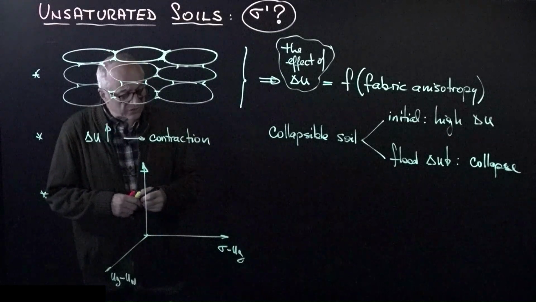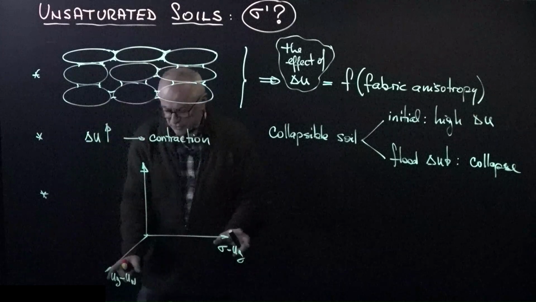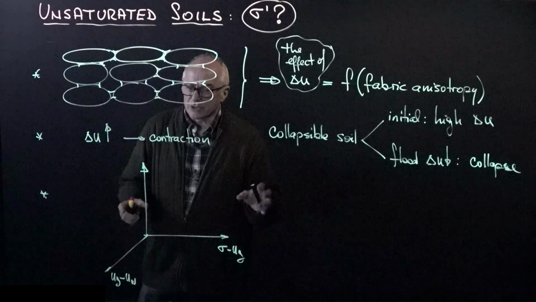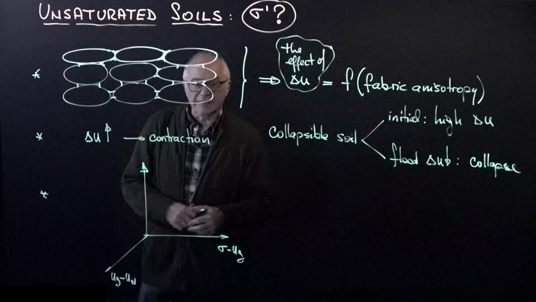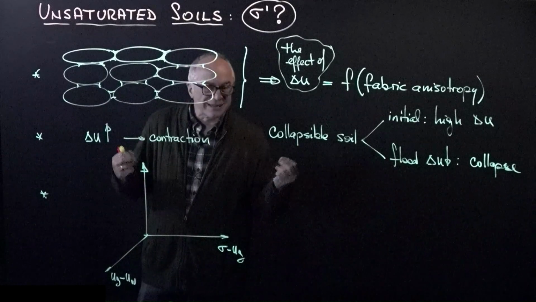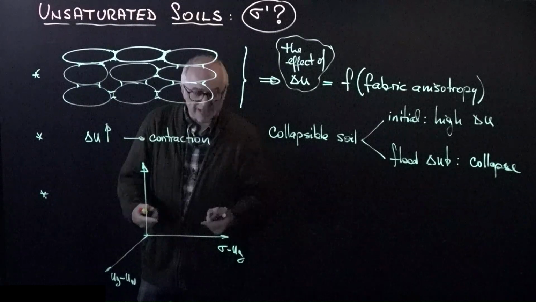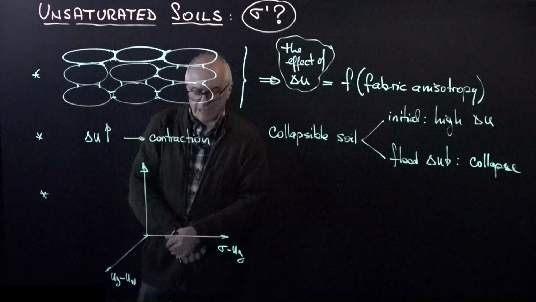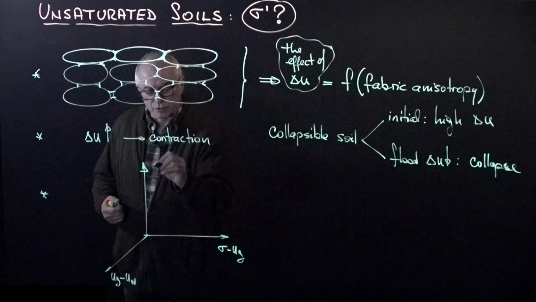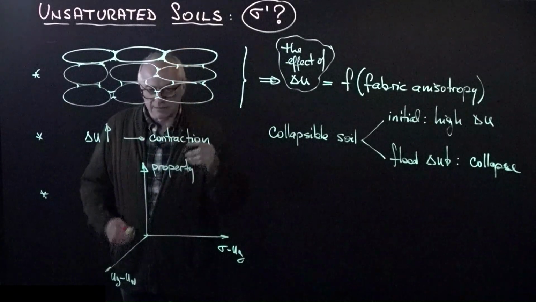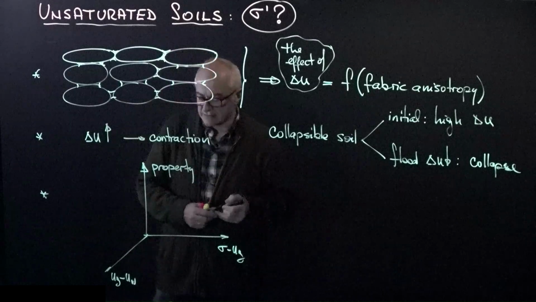Why? Because that component and this component are not necessarily located at the same position, and they have different effects. So that they are independent variables. They are two dimensions, independent dimensions, in the three-dimensional space of a soil property, such as stiffness, strength, dilatancy, etc.